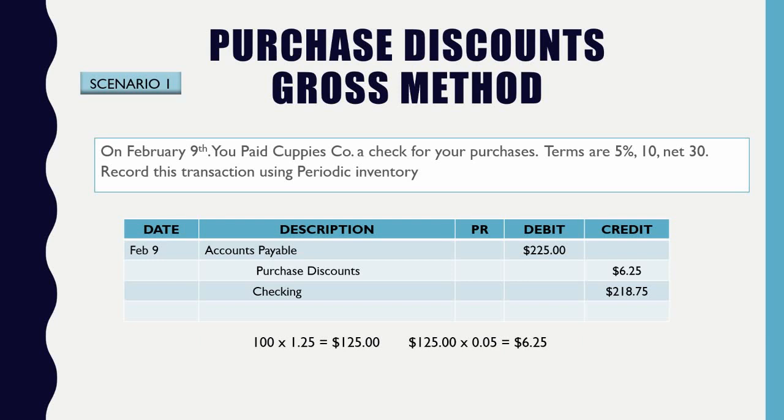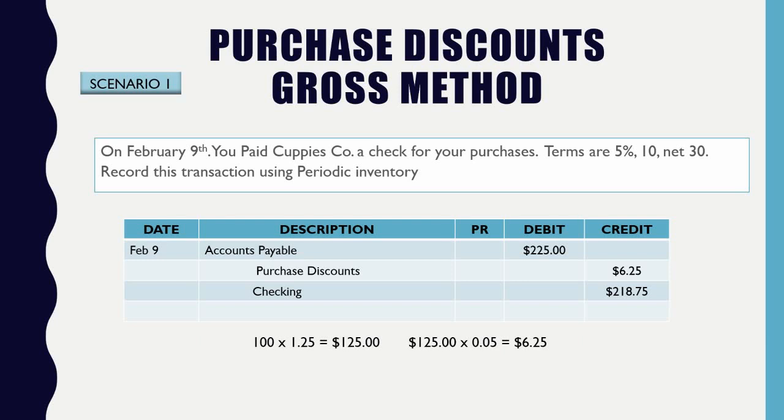So you have to create a contra account for the purchase discount, which is going to decrease the purchase expense. That's a little fun fact you need to know. That's why instead of debiting your purchase discount, it's on the credit side, because it flows in the opposite direction.